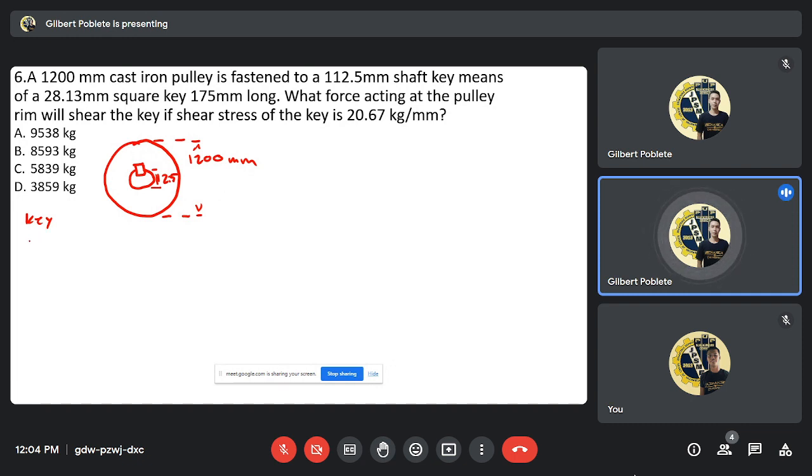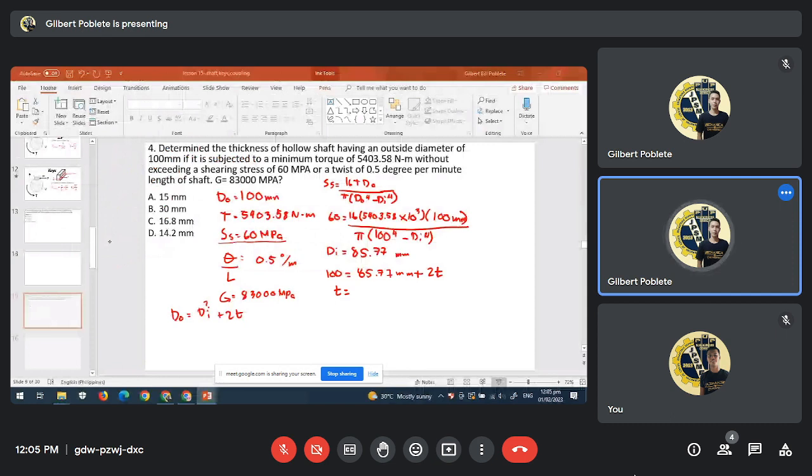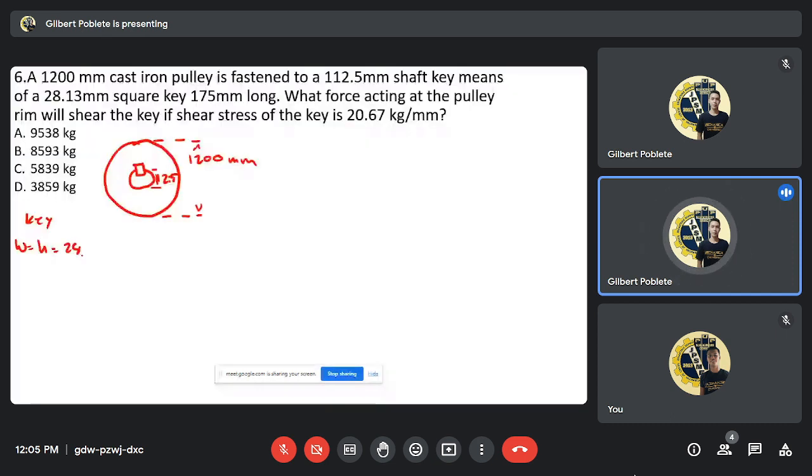Sinabi dito the width and the height of the key is 28.13 millimeter, tapos meron siyang length na 175 millimeter din.